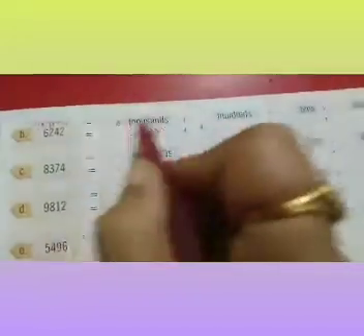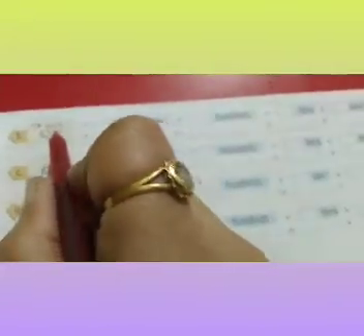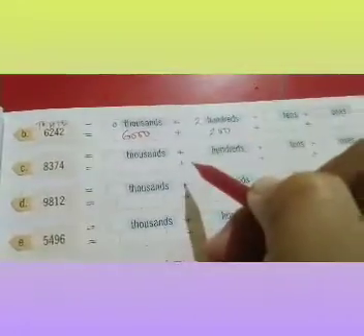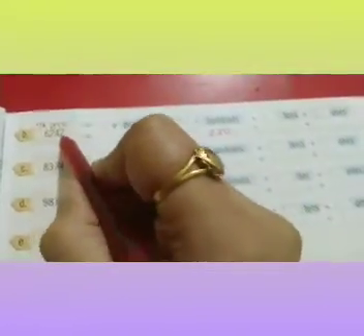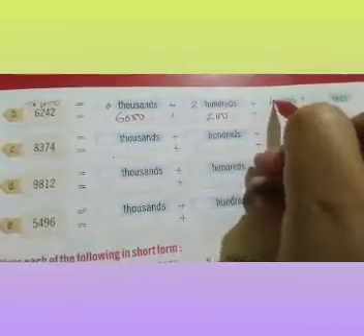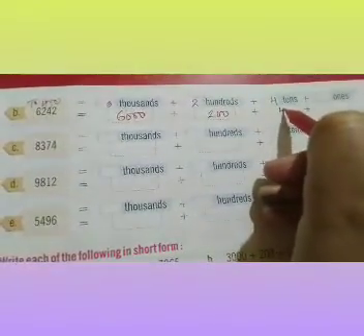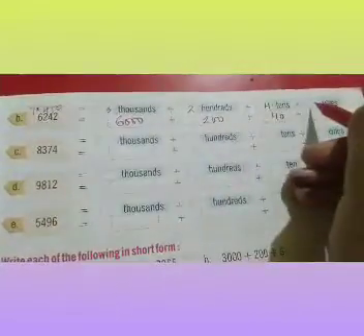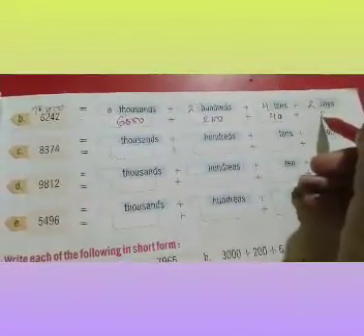Okay. Plus 2 is at the hundreds place, so we will write 200. 4 is at the tens place, so we will write 4 tens or 40. 2 is at the ones place, so we will write 2 ones or 2.